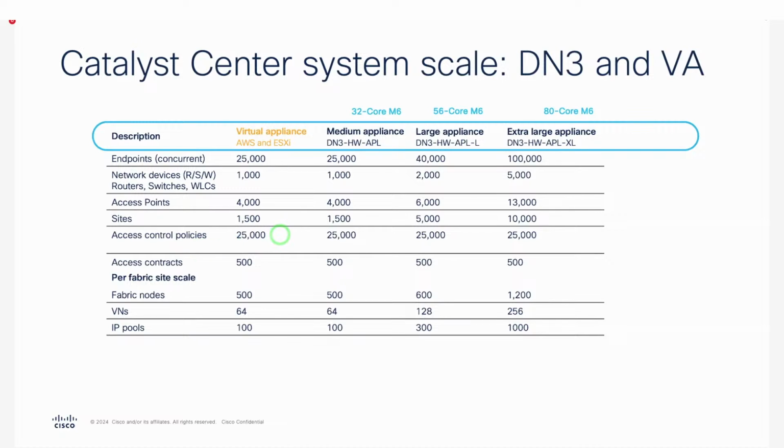You can have up to 25K access control policies, access contracts up to 500, and fabric nodes up to 500. Virtual networks and IP pools are 64 and 100. If you want higher numbers, we offer the hardware appliance in large and extra large, and it's on the roadmap for us to create a bigger appliance for ESXi and AWS, so you can get extra scale numbers.